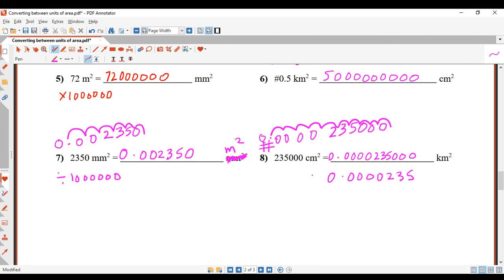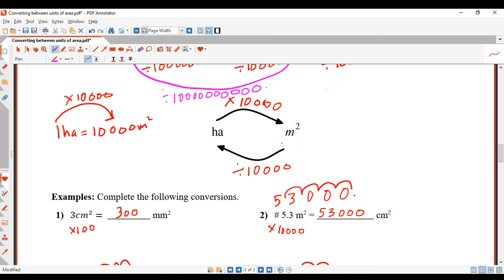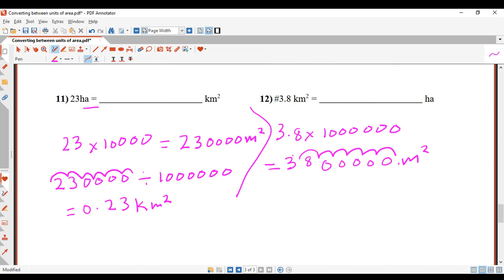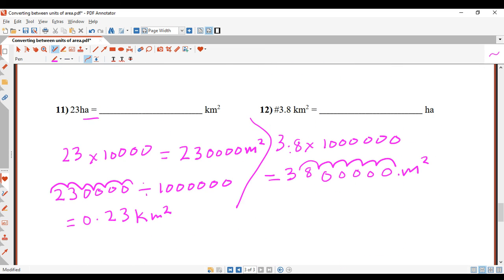Now we need to go from metres squared to hectares. So if you go back to the little diagram up here, metres squared to hectares, we're dividing by 10,000. These are harder questions, of course. So now we're going to divide that by 10,000, which means I'm moving my decimal point 4 places to the left.